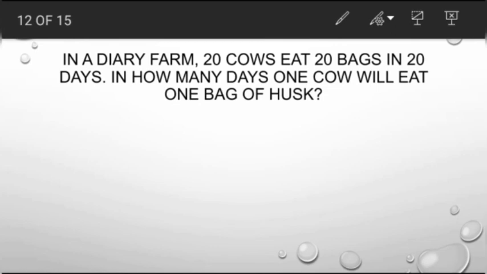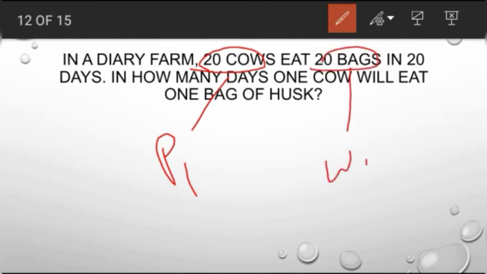And this is the homework problem for you, and you have to solve this problem and comment the answer below. In a dairy farm, 20 cows eat 20 bags in 20 days. So 20 cows means P1, right? 20 bags means work, W1. 20 days, D1.